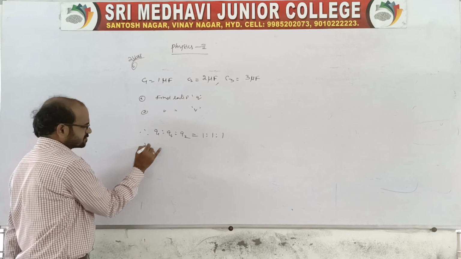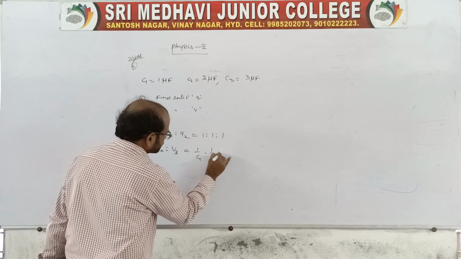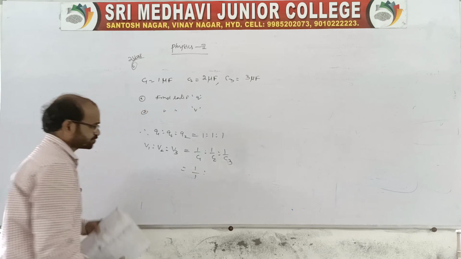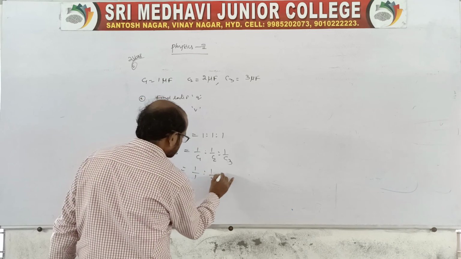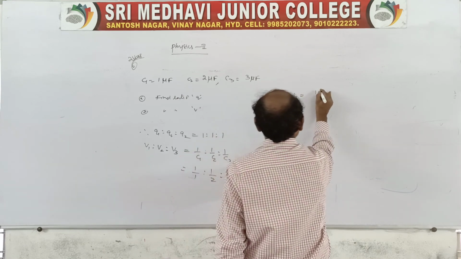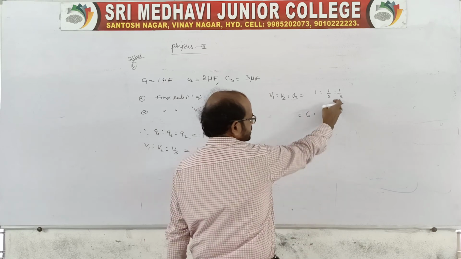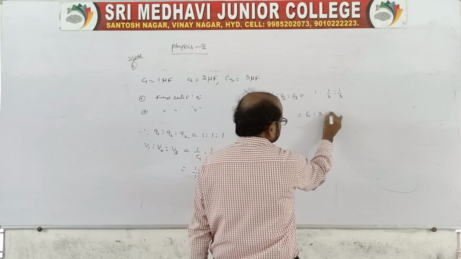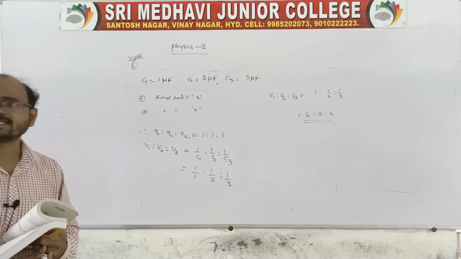The potential difference ratio V1:V2:V3 is equal to 1 by C1:1 by C2:1 by C3. That is 1 by 1:1 by 2:1 by 3. Taking the LCM as 6, we get 6:3:2. This is the final answer.